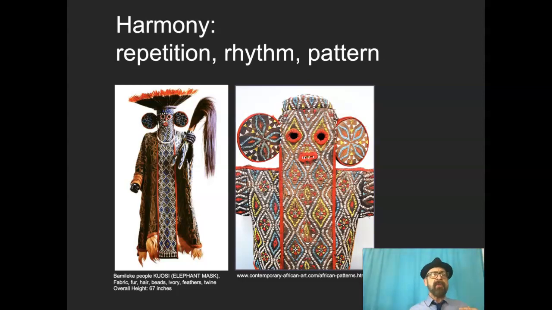So if we look at these elephant masks by the Bamileke people, we see that repetition that creates a sense of harmony throughout the entire design, right? Yes, it may be rather dense and busy, but it has this harmonious structure that runs throughout.